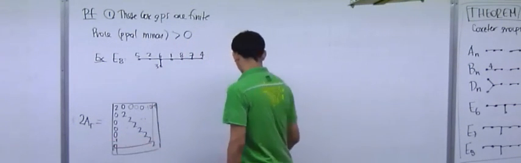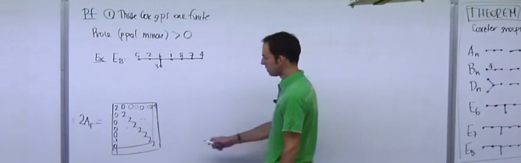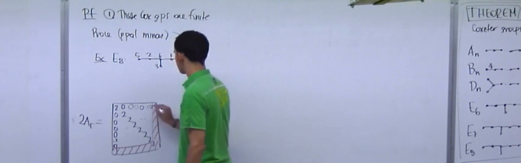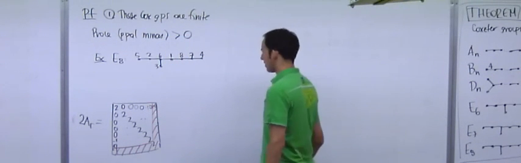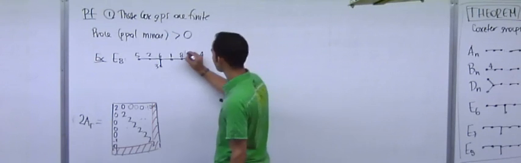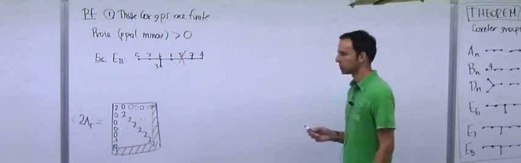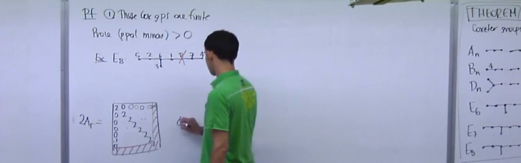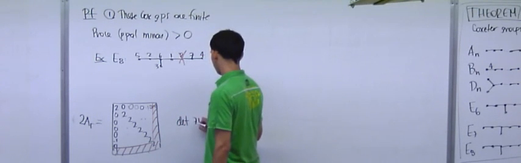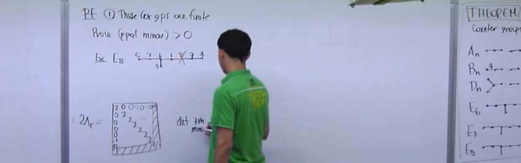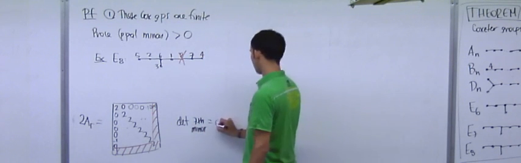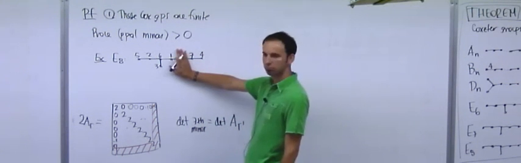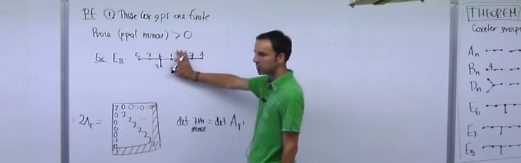So if I forget about this, I'm going to get to forget about this guy over here. And so the determinant of the 7th minor is equal to the determinant of this guy, this Coxeter diagram.